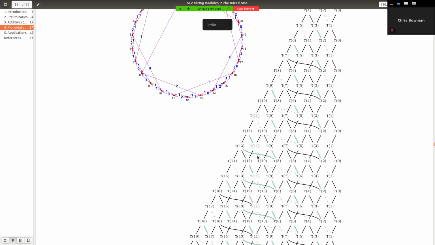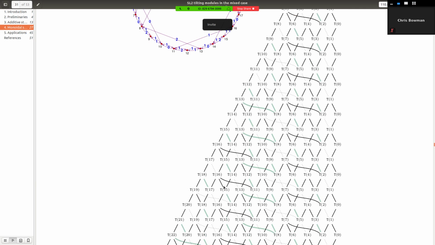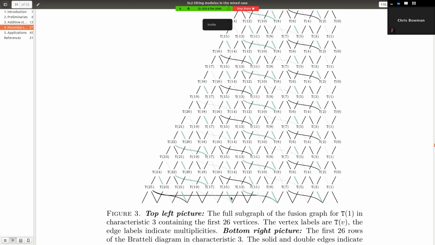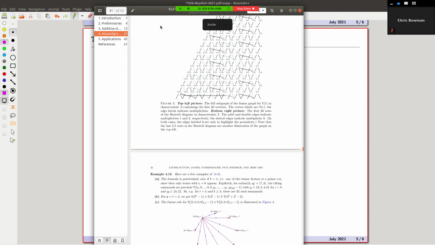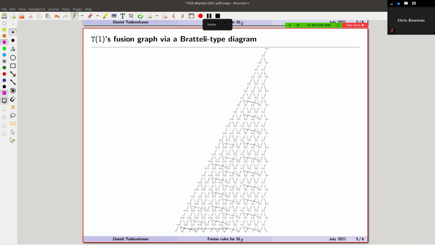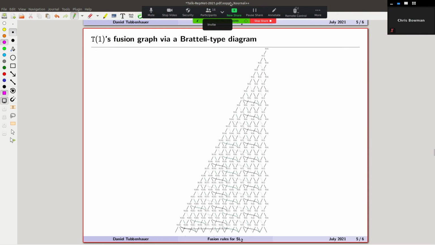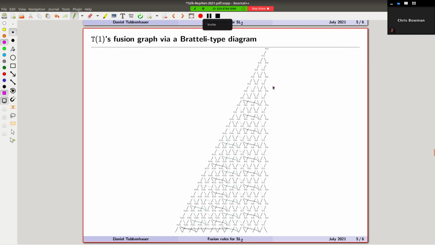The example went too fast, so have a look at the paper, because it took me a while to illustrate this, see the back of it. Anyway, the point is, it's again a fractal.